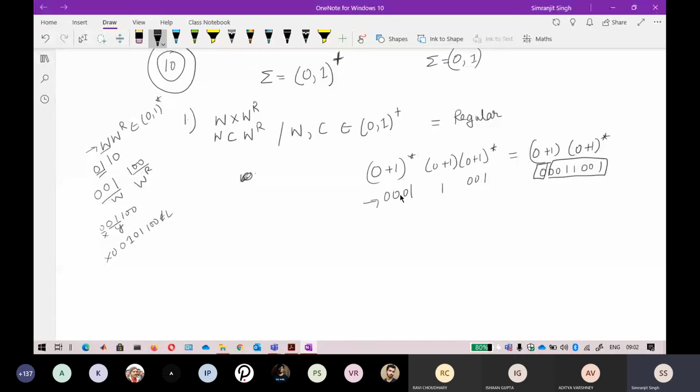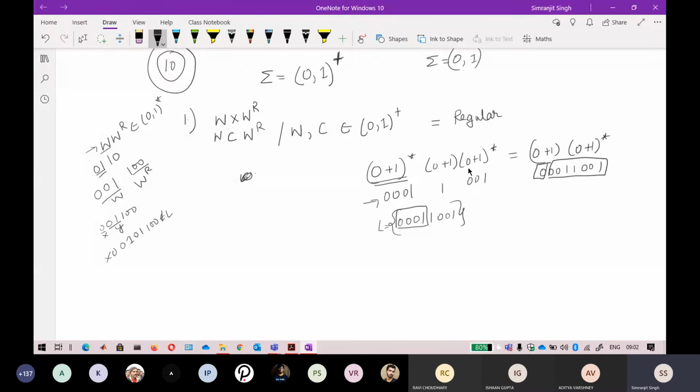Exactly because I am deriving a string from a regular expression, you will get only this string. So if a particular language is given, you cannot say with 100% certainty whether some part of it, or this part of it, comes from this 0 plus 1 star.